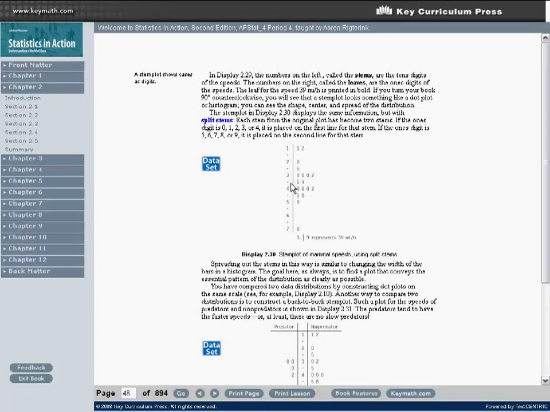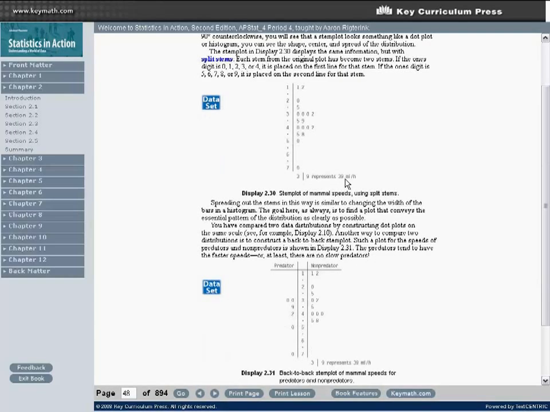This is 35, 39, 40, 40, 40, 42, 45, 48, etc. It's the same data set as before, but showing it in a split. And what you will sometimes see this used for is if our data set is quite large. These can get really, really long sets of leaves, and so by splitting each set of 10 in half, it doesn't create as long of a leaf.